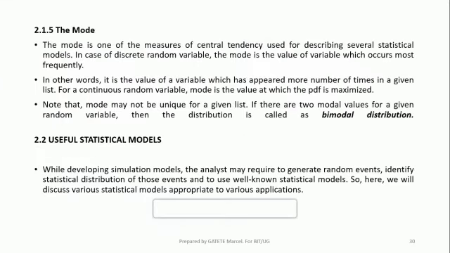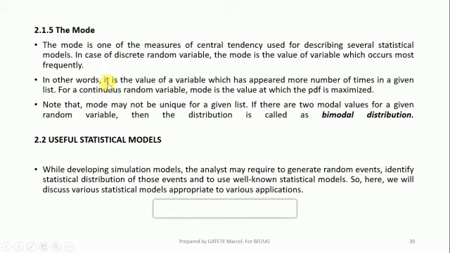We can see another concept which is the mode. A mode in statistics is a measure of central tendency. It will be used to describe several statistical models. We can have 2 cases. The first case is when you have a random variable. The mode is the value of the variable which occurs most frequently.